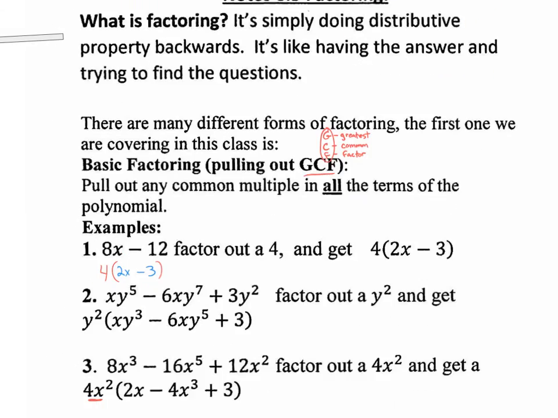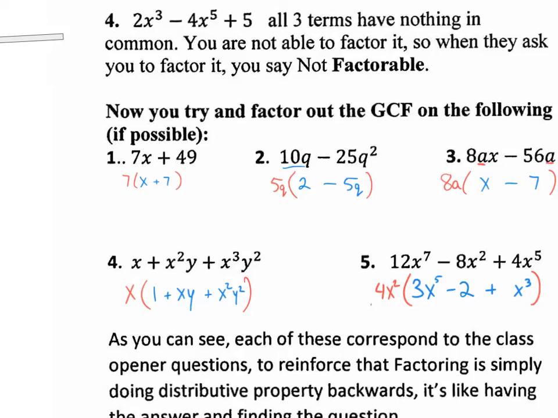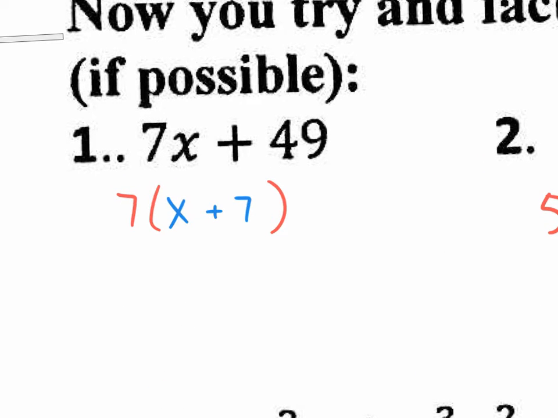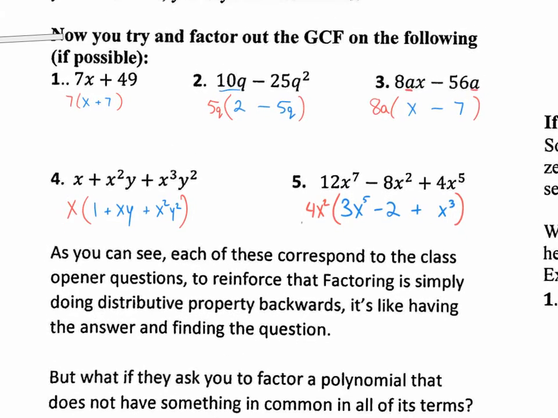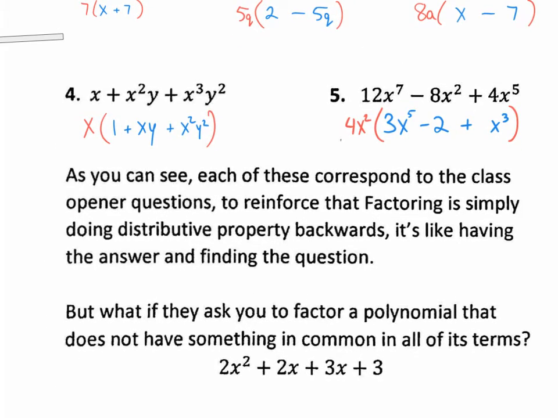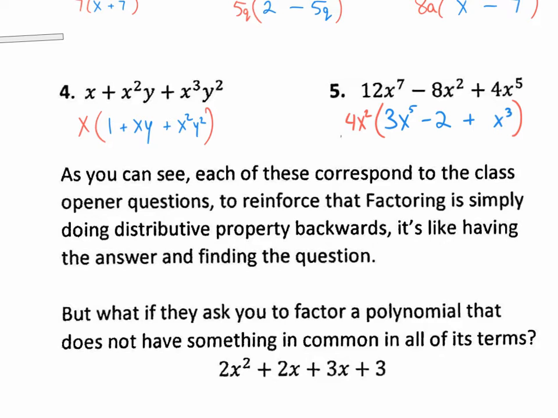Down here, I took that answer, 7x plus 49, and I asked you to factor, to do it backwards. And you got back to the 7 parentheses times x plus 7. So, as you can see, each of these corresponds to the class opener questions to reinforce that factoring is simply doing distributive property backwards. It's like having the answer and finding the question.